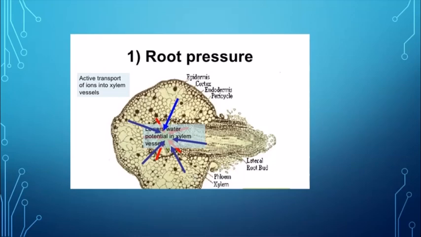There are root cells which are in contact with the water and minerals in the soil, and water and minerals enter into the cells on the root surfaces. There is also a difference of concentration, because of which, when the water enters, a difference of concentration happens. So these cells become swollen, they become turgid, and these turgid cells exert pressure on the adjacent cell, and this is called the root pressure.